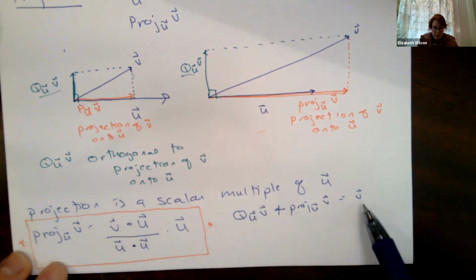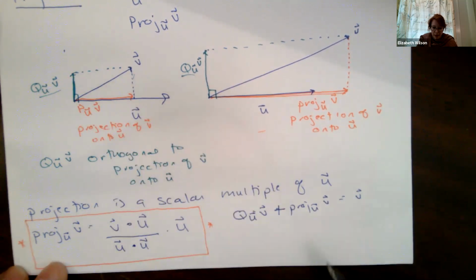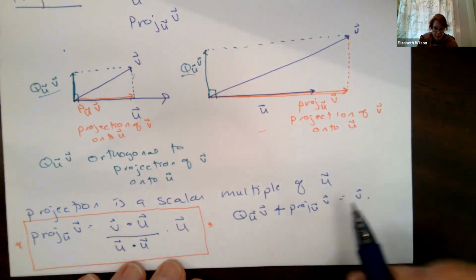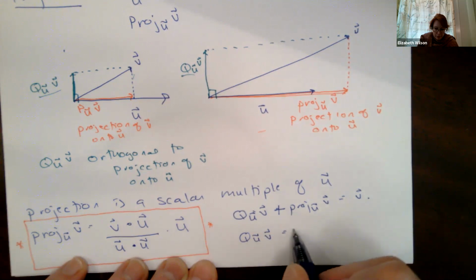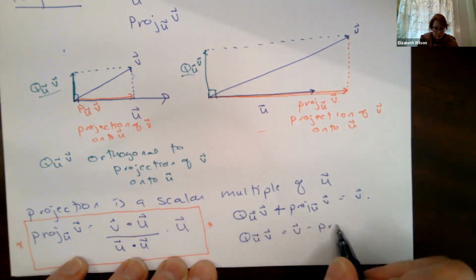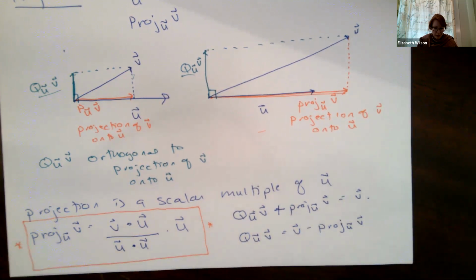So V is the addition of these two vectors right there. I can then subtract the projection to get my orthogonal component: V minus the projection of V onto U. And I'll put that in green.